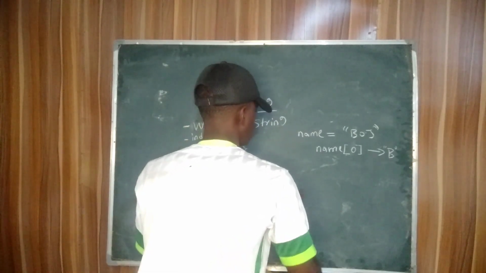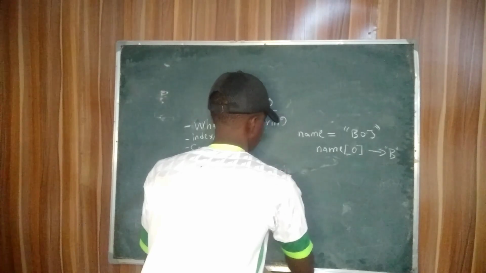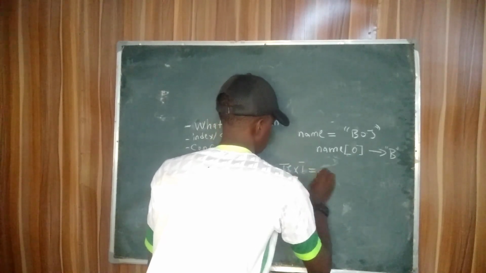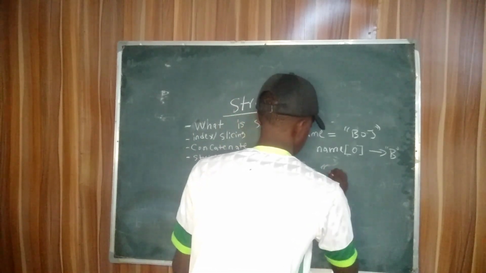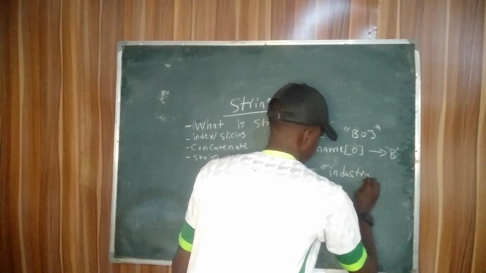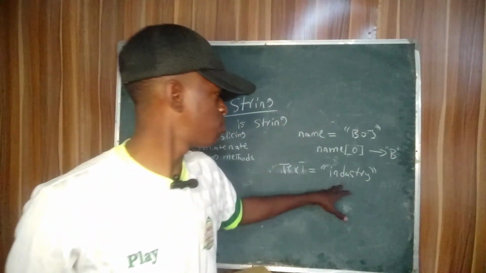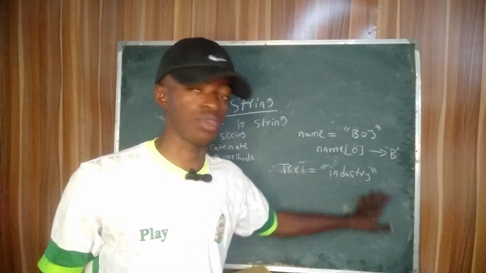So let's say I create a variable called text. As you can see, I created a variable called text, then I store this string called industry.